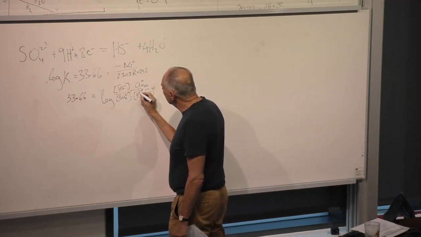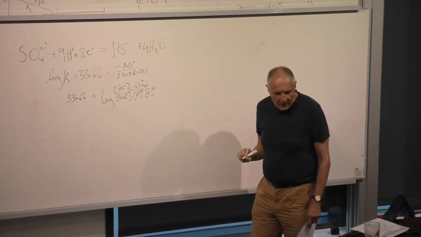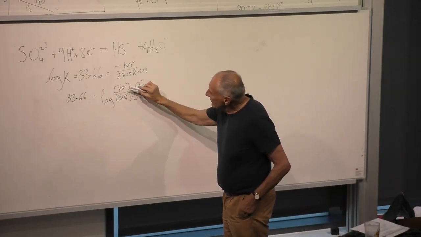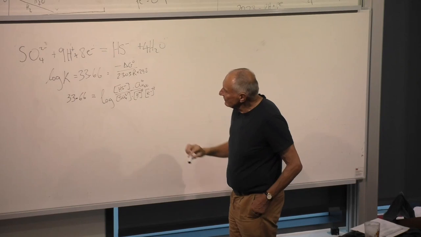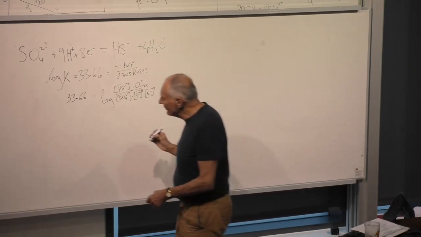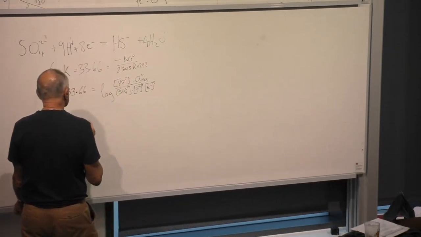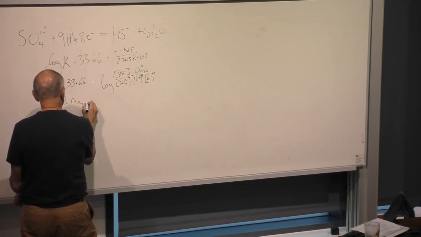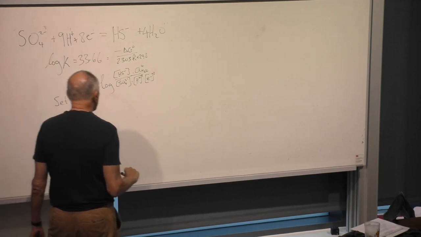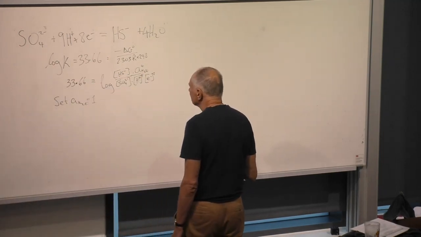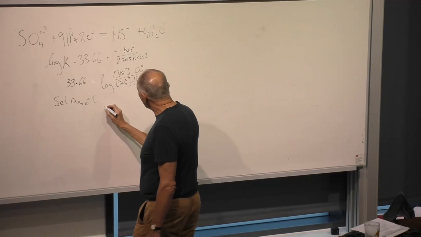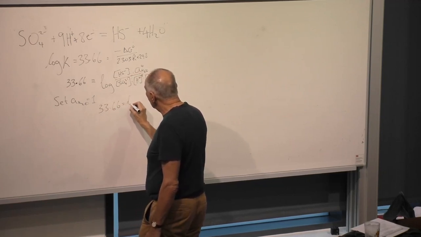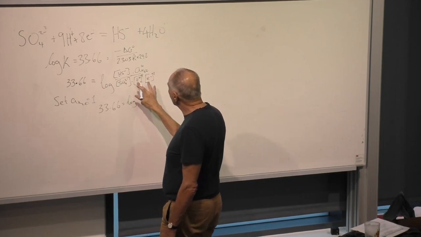Now what I'm going to do here is consider the conditions under which these are equal in concentration. Alright? So we set the activity of water equal 1, being more or less in its standard state. And that will tell us that 33.66 is equal to log, and I'll just separate these out from that.